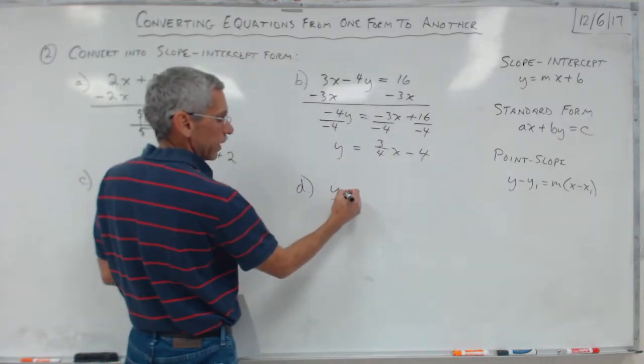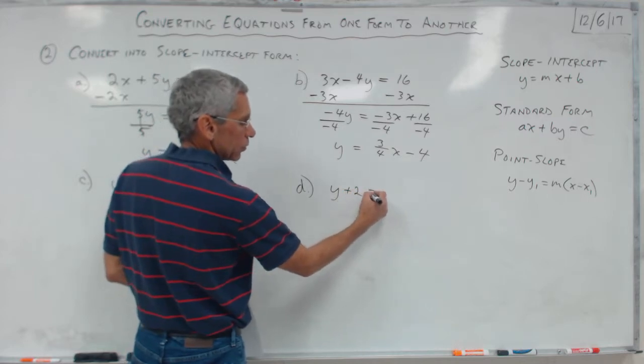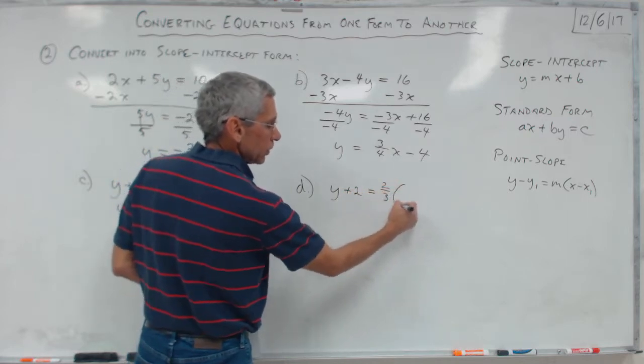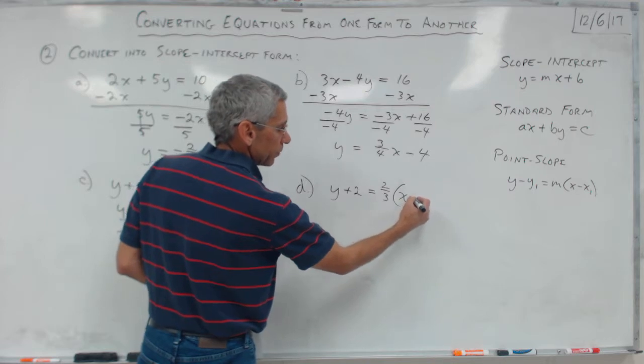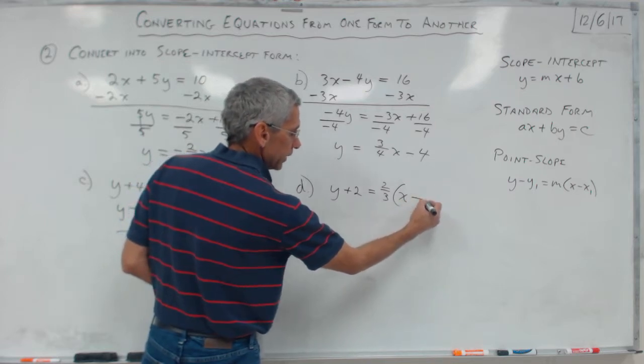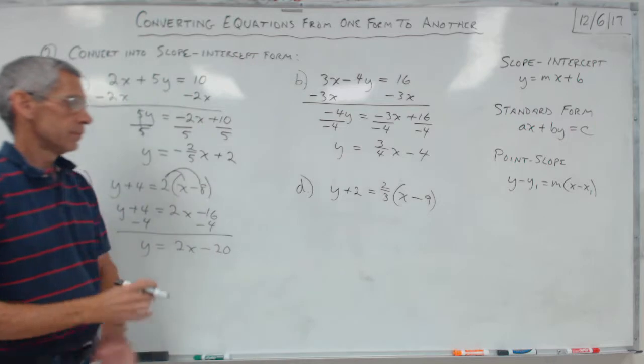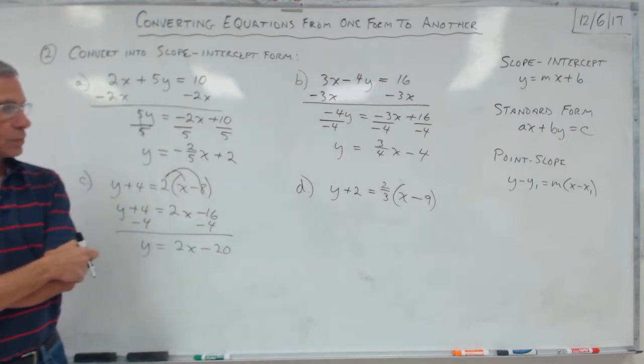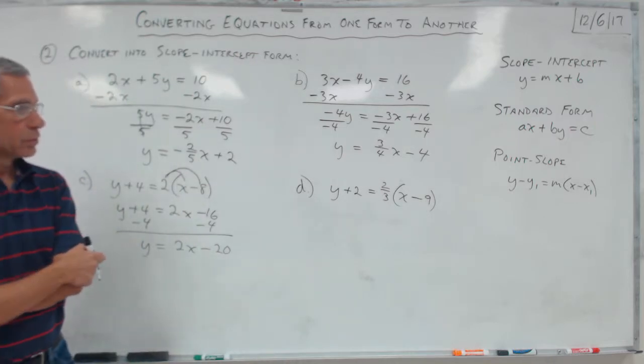How about I do this? y plus 2 is equal to 2/3 x minus 9 minus that, six. It's 6.